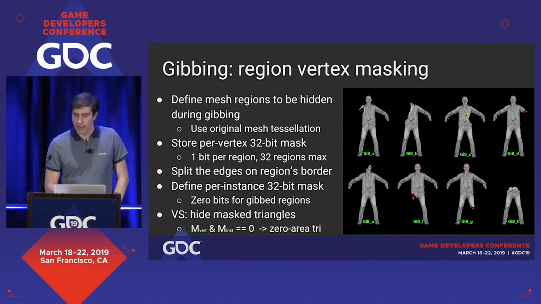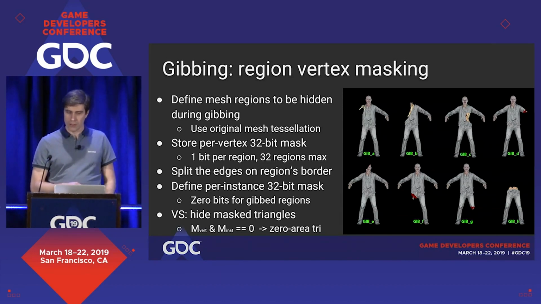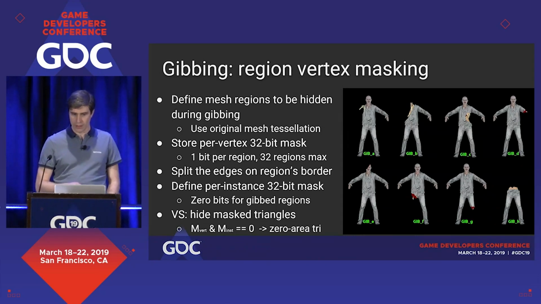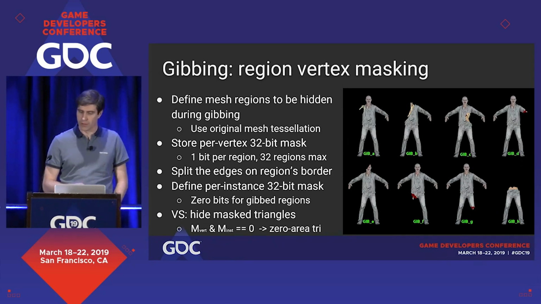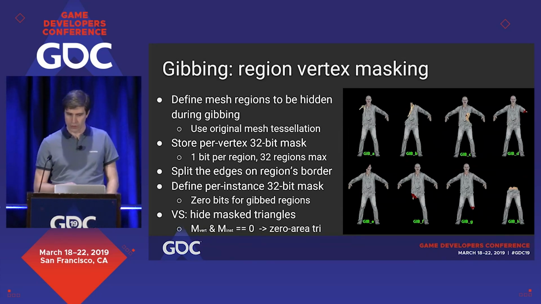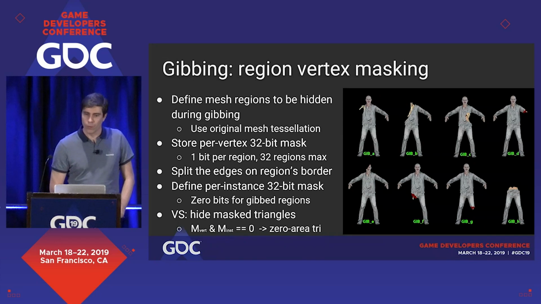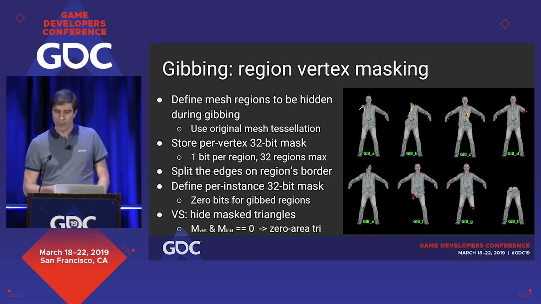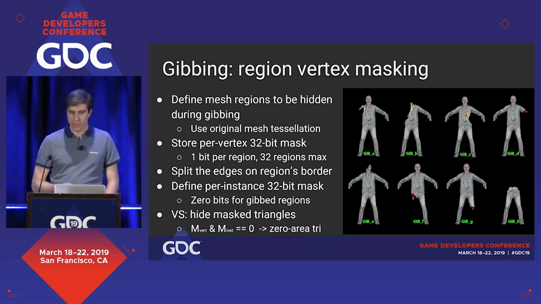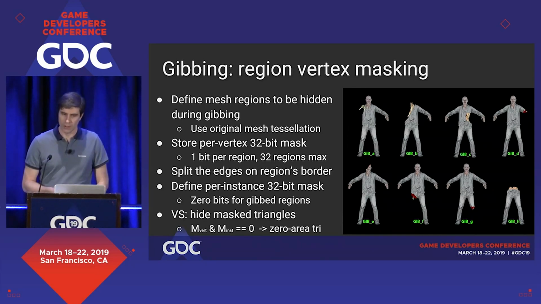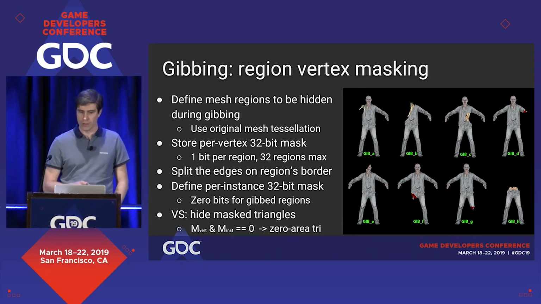So here you see on the screenshot different regions that can be jibbed from living zombie. How do we do jibbing exactly? Our artists paint per vertex masks for regions to be hidden.